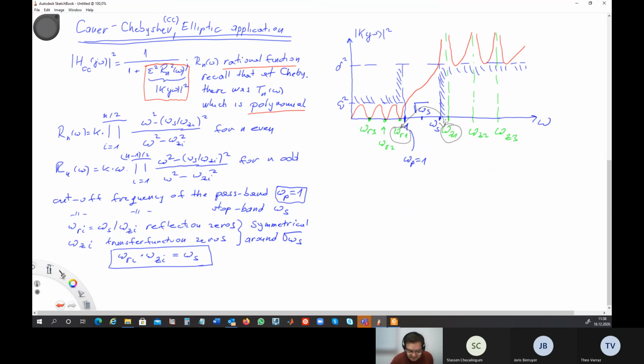Okay, because this elliptic function has such a special characteristic function, it has the amplitude frequency characteristic which looks like this.